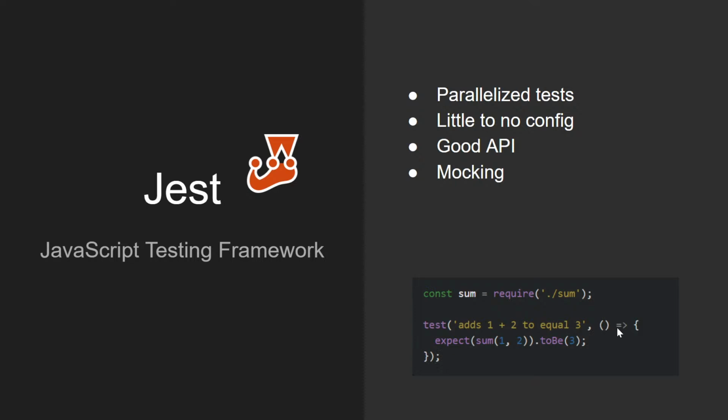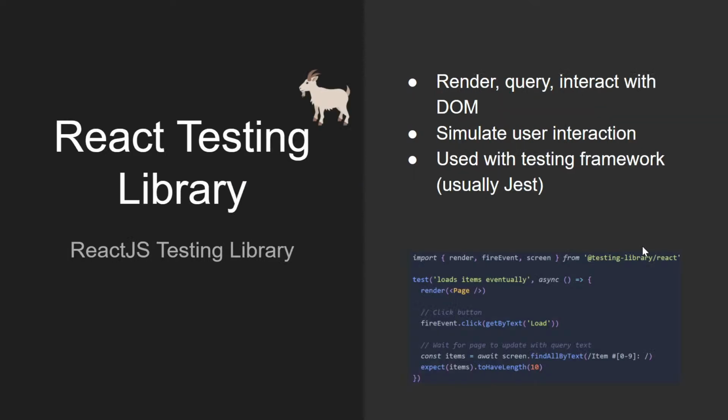So it's an arrow function, an anonymous function here, where we are calling expect, and then the sum function that we are testing on 1 and 2, and then by chain here we're expecting it to be 3. It's pretty intuitive.